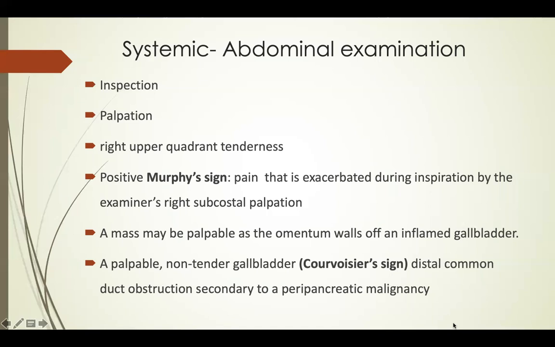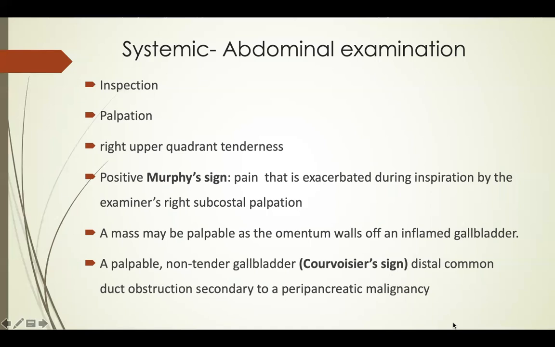Another important thing is Courvoisier's sign, or Courvoisier's law. When you palpate and the gallbladder is palpable, it will have a conical shape, or the fundus of the gallbladder may be palpable, and it is non-tender. When it is non-tender and palpable, most likely it is not due to a stone.